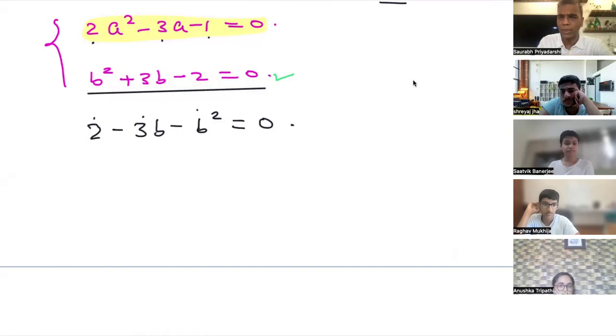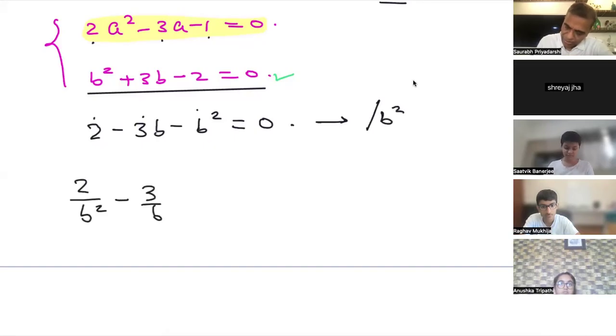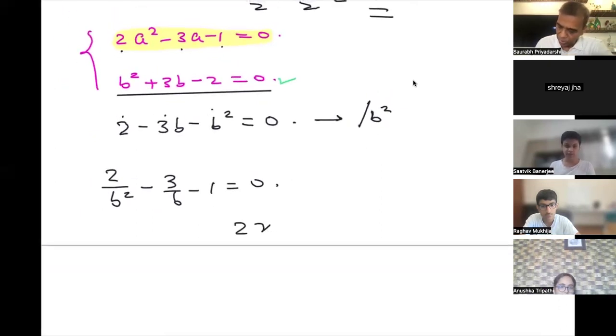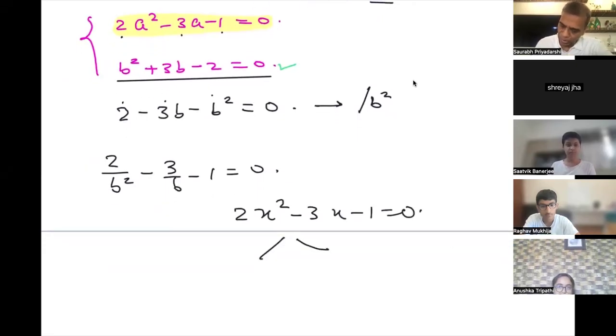But one problem is there: the quadratic is in the reverse way. So I'm dividing this by b square. So this is 2 by b square minus 3 by b minus 1 is equal to 0. If I write down the quadratic equation, surely I can say this has two roots, two values satisfying it.